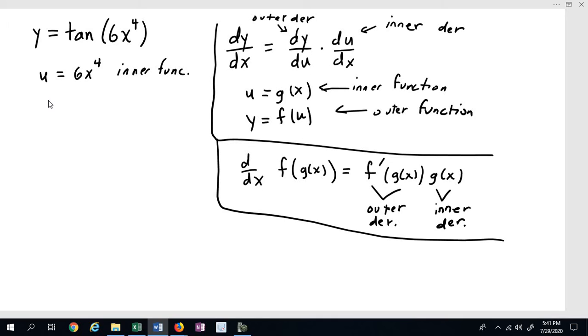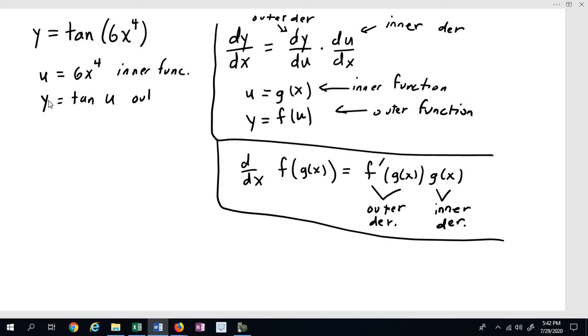Notice that u is written as a function of x. And the outer function y has to be written as a function of u. Now that we've defined u to be 6x to the fourth, you can see that y is the same as tangent of u, because 6x to the fourth is u.